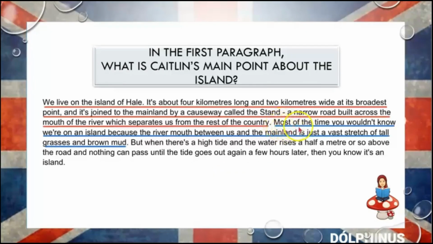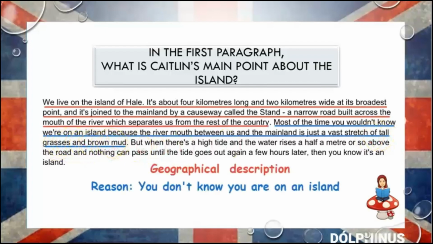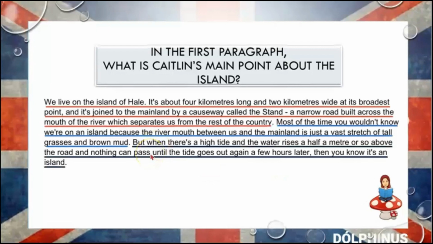The second: most of the time you wouldn't know we're on an island because the river mouth between us and the mainland is just a vast stretch of tall grass and brown mud. They are giving you the reasons why you don't know you are on an island. The third one is the following.